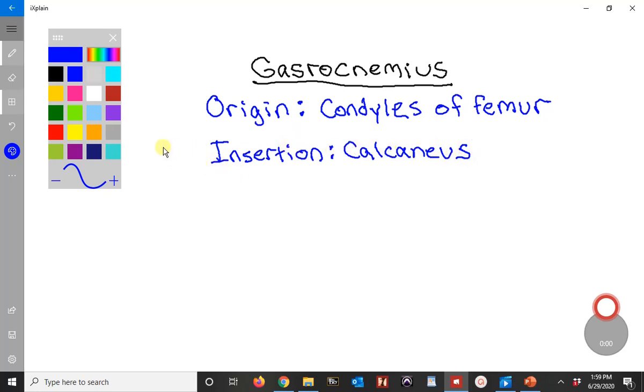So the insertion point is what moves when you flex that muscle, right? And that's your heel. So the action would be bringing your heel upward, which if you sit there and try it, what happens is you press your foot down.